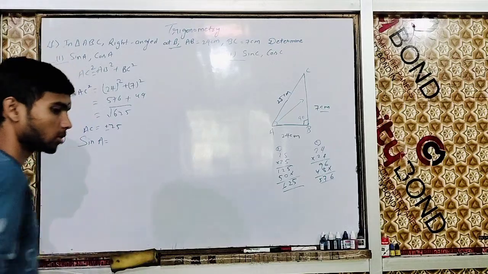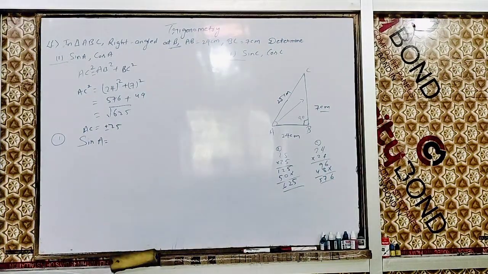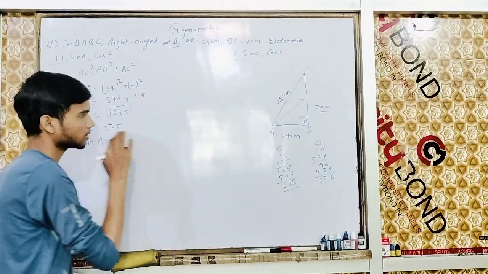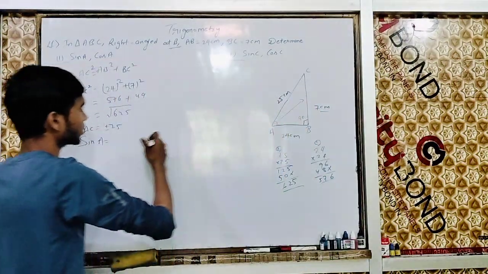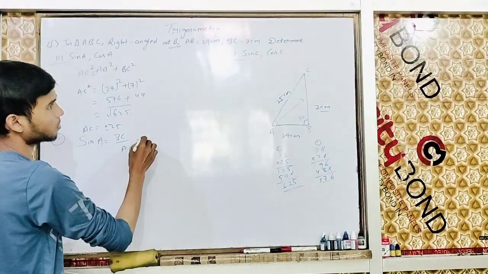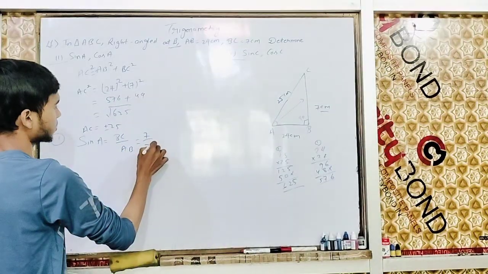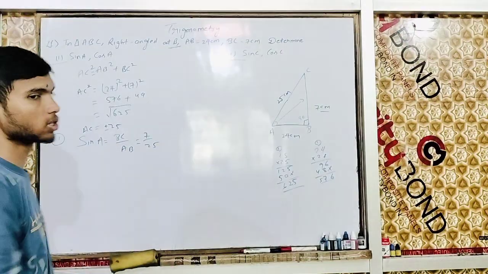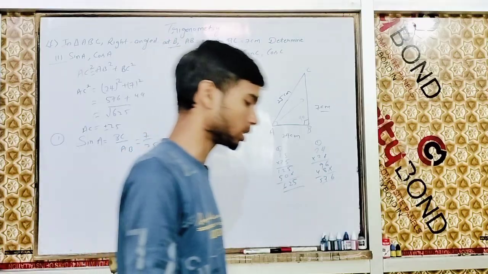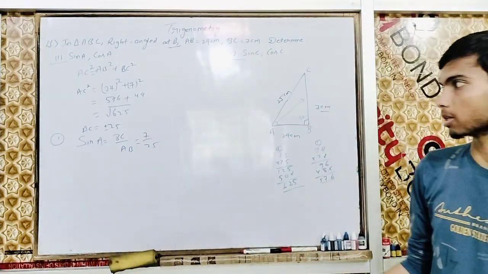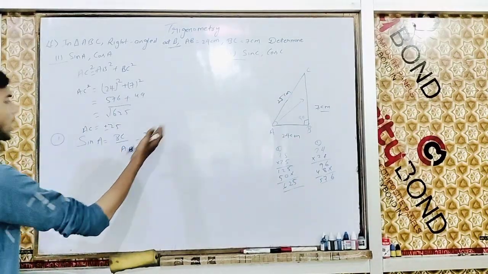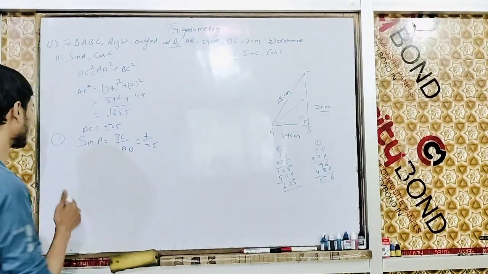We know that the ratio of sine is perpendicular BC upon AB, and this is 7 upon 25. This is the ratio of sine. You can simplify it and you will get a decimal number. If you don't want to go ahead of this, then till here this is your answer.